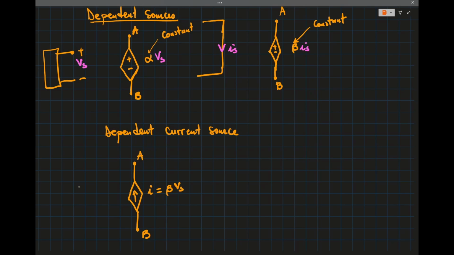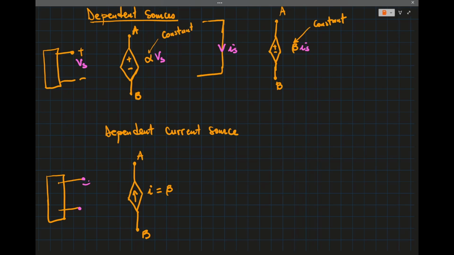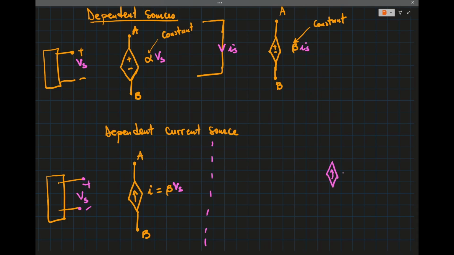So similarly, we have some circuit here, some component here, and the voltage across that component, we call it Vs. And that depends on Vs. Okay, and then I have this current source that can depend on the current somewhere in the network.